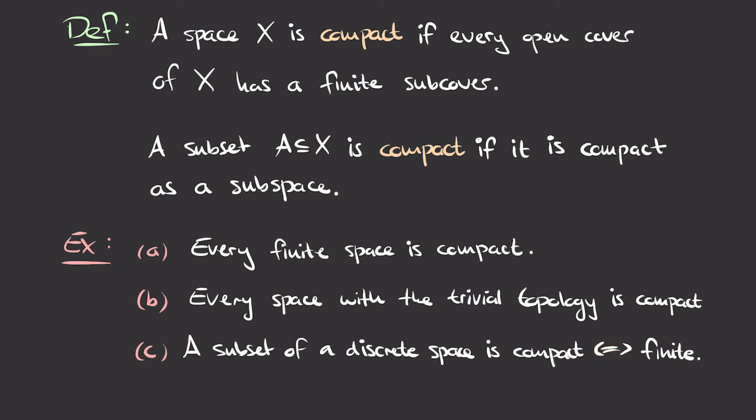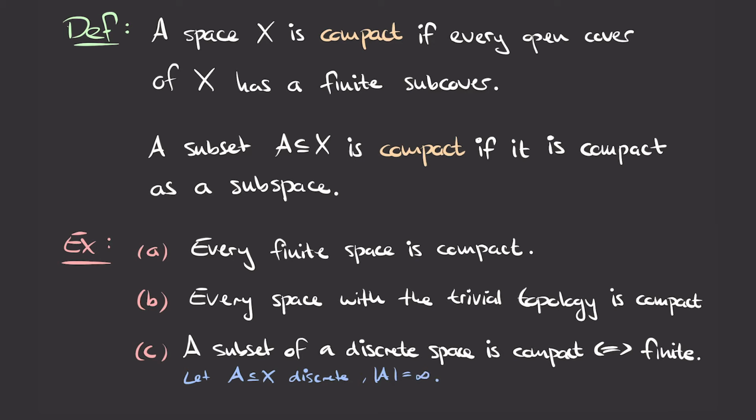The second thing we have to show is that if a subset of the discrete space is compact, then it has to be finite. And the way we're going to do this is by showing that every infinite subset of a discrete space cannot be compact. For this, we suppose that A is some subset of a discrete space X, where the cardinality of A is infinite.